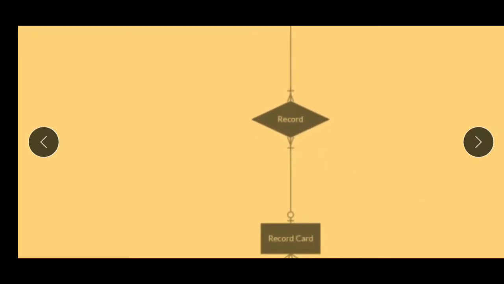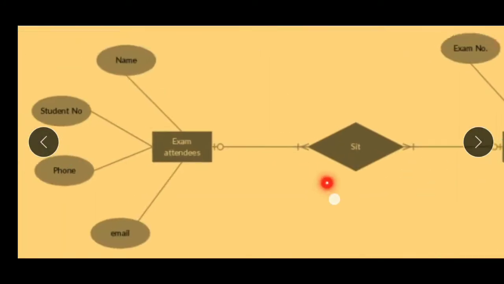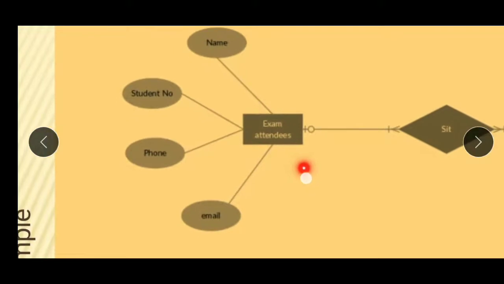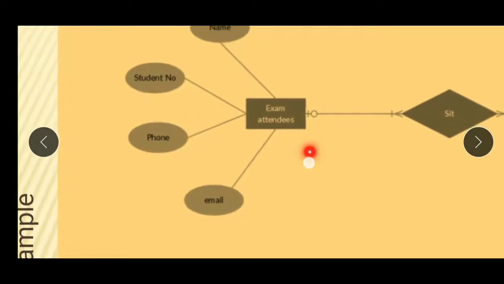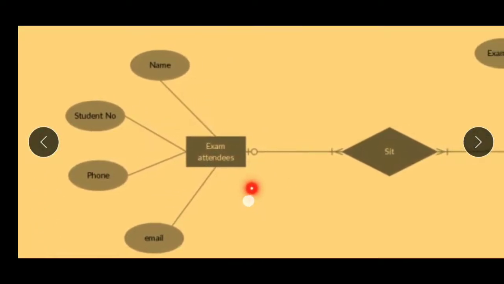And where the exam record will be shown in the record card. Now, if we see the exam attendees entity, there are examinee's name, student number, phone number, and email. So these are the attributes for the entity of exam attendees, right?